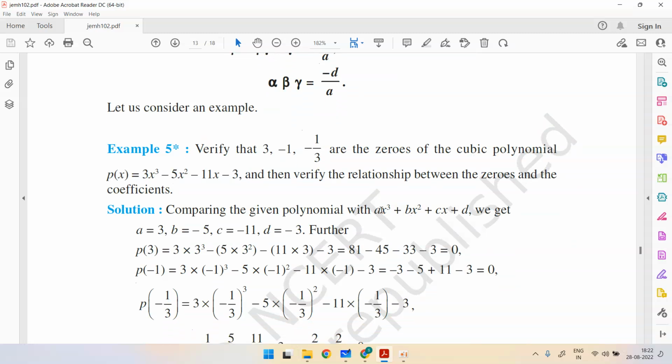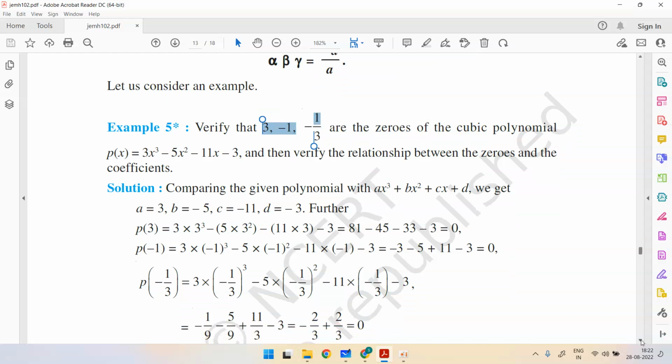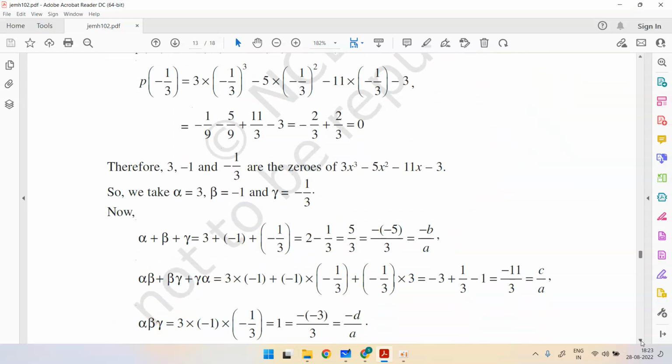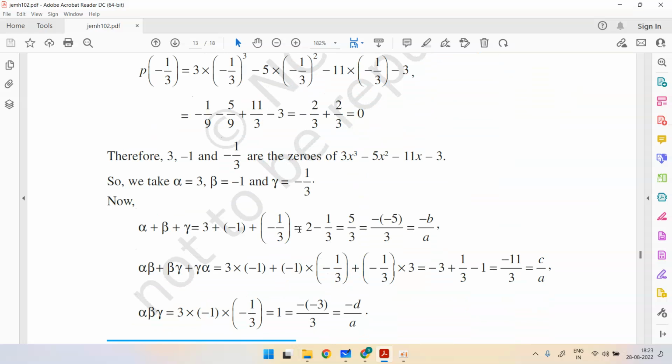Now, comparing with the standard polynomial ax cubed plus bx squared plus cx plus d, from here, if you add alpha plus beta plus gamma, it will give you minus b by a. Alpha beta gamma, the product, is this, nothing but 5 by 3, which is minus of minus 5 by 3, which is minus d by a.